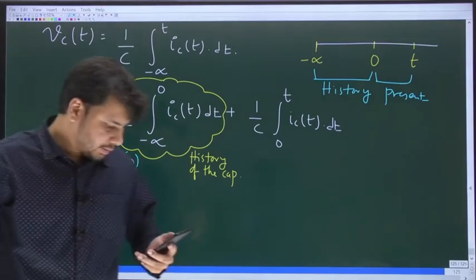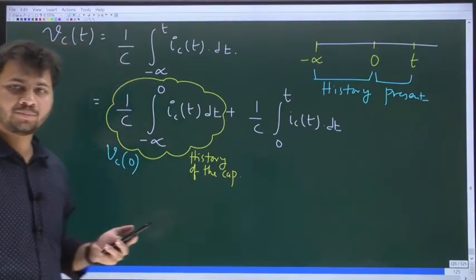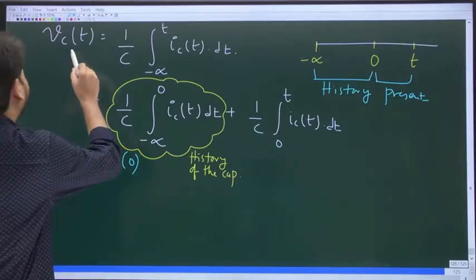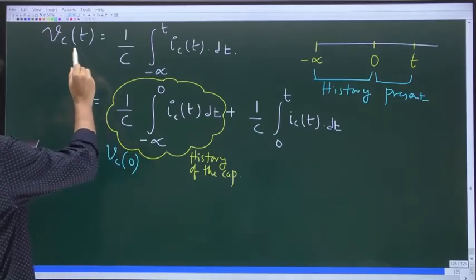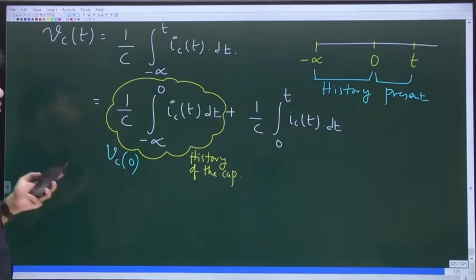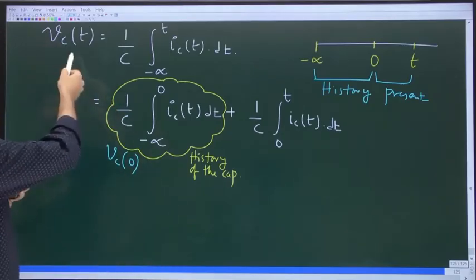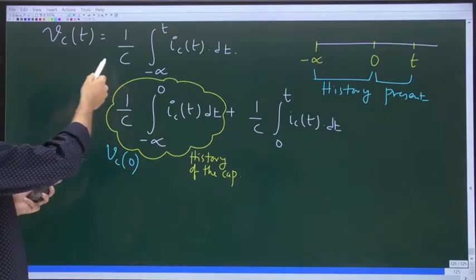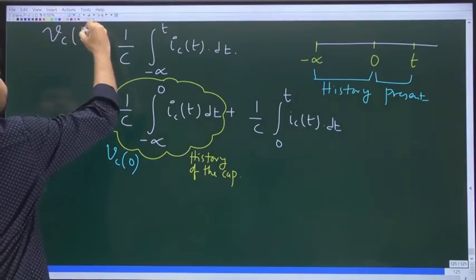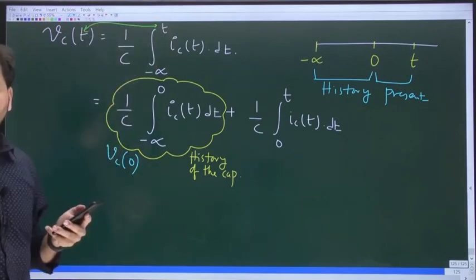Okay, Shiv Sainath, sir, please once again explain why we took it as Vc of 0. Okay, all of you please look at the screen carefully. Take the first equation. If you put t equal to 0, what do you get? Left hand side will be Vc of 0. And remember, this t and this t are one and the same.